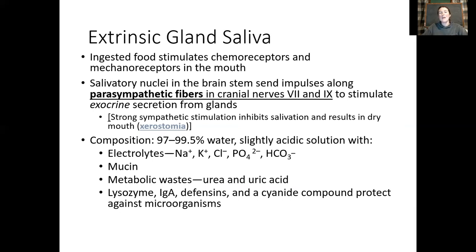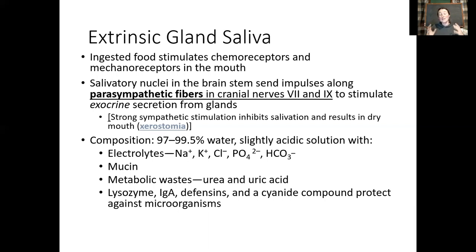Okay. As we discussed in a previous section of the class, the surface barriers of our body, including the epithelium of our mouths, are filled with different types of compounds to reduce the risk of infection by different types of bacteria.